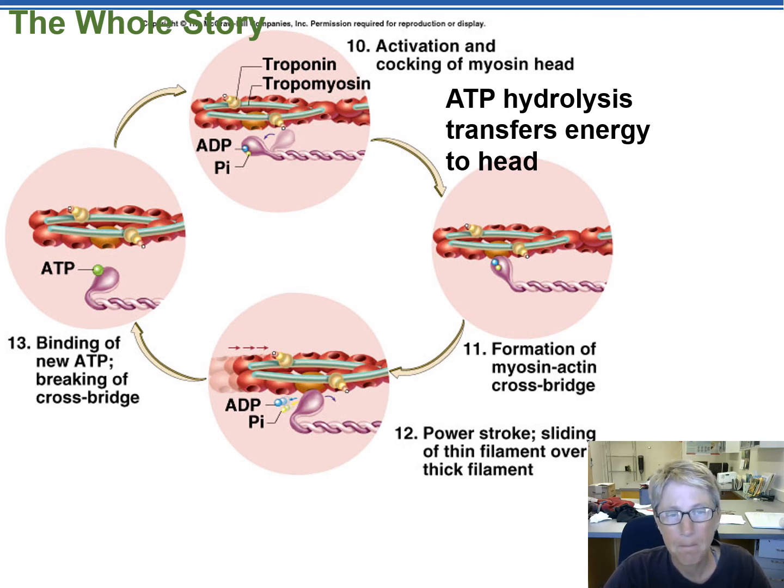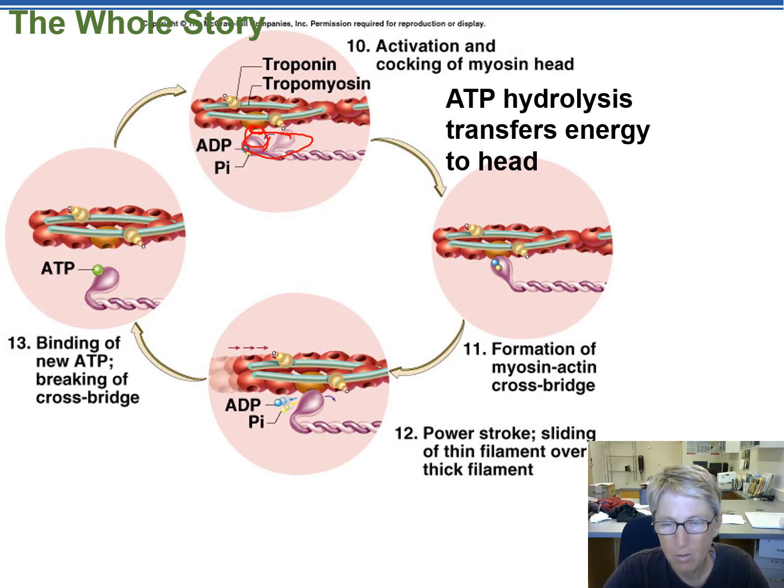And then once the myosin head binding sites on actin are exposed, myosin heads can bind to the myosin head binding sites. They can move, so you can see in this cartoon they're moving. The myosin heads move, and what that movement does is it slides actin past the myosin filament. So actin moves toward the M line of the sarcomere, and the whole sarcomere gets shortened.